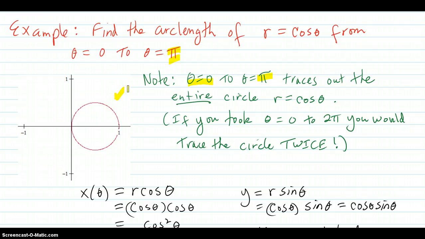And that's because if you plot some points for thetas into r equals cosine theta, you'll see that it finishes out one version of the curve for theta equals 0 to just pi. If you go to 2 pi, you would have traced the circle twice. So I just want to go around once, because I just want to see the arc length on that circle.